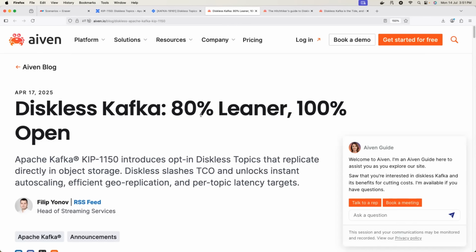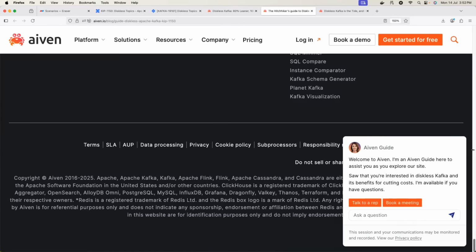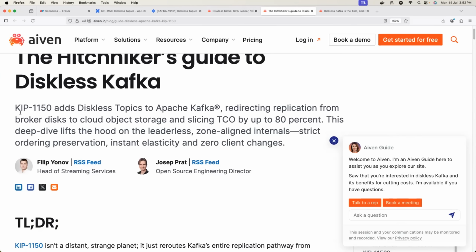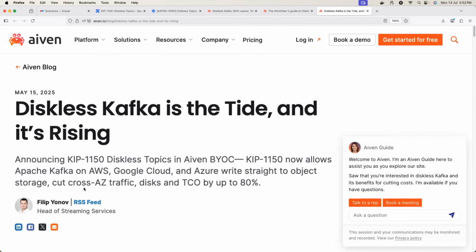One is Diskless Kafka, 80% Linear, 100% Open. I'll also share a reference link for this other blog where you have complete information on how KIP-1150 implements Diskless Topics. And you also have this final one which talks about cross-zone networking costs, DIS and TCO.